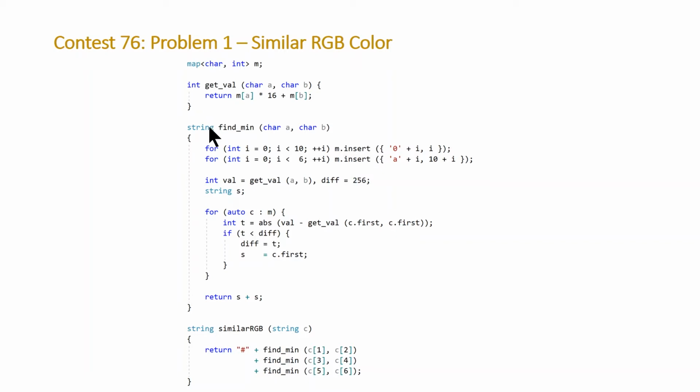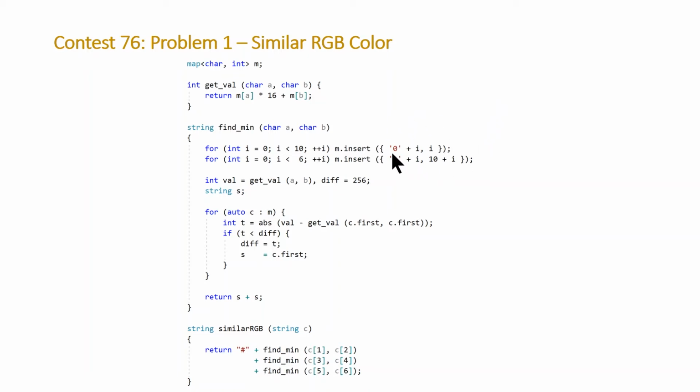So if we come up to find min, we're taking in 2 characters, and the first thing we're going to do is construct or initialize a map. And our map up here, as you can see, the key is a character and the value is an integer, and all it's going to do is map all the hexadecimal digits to their value.